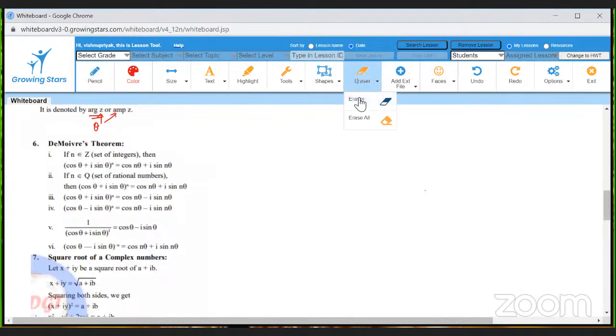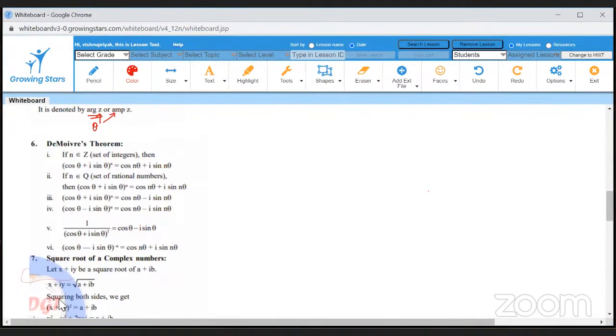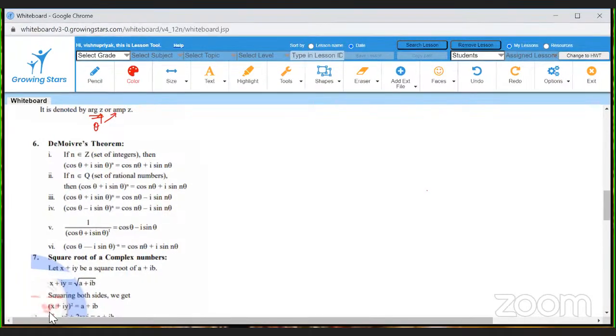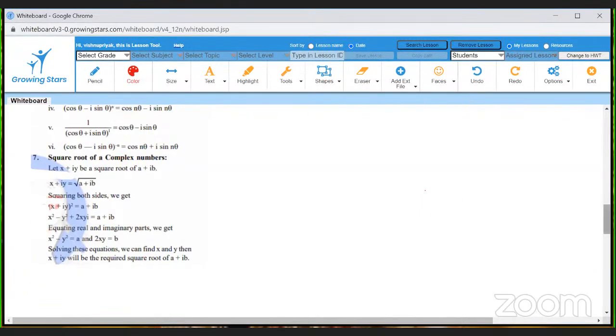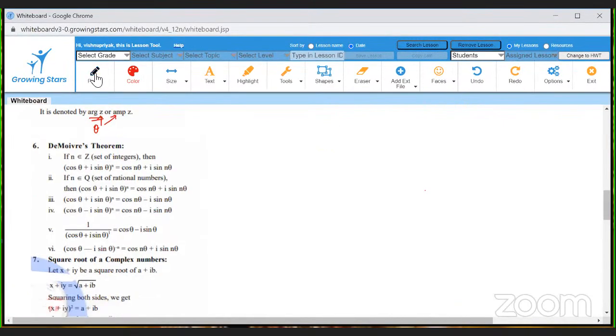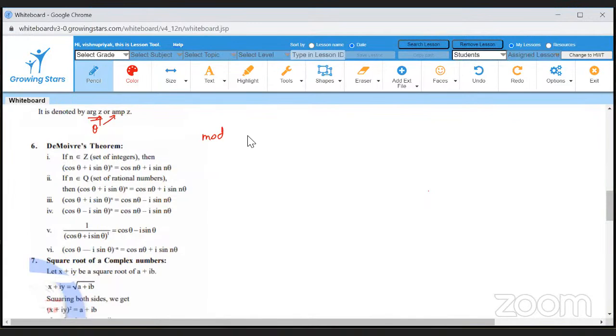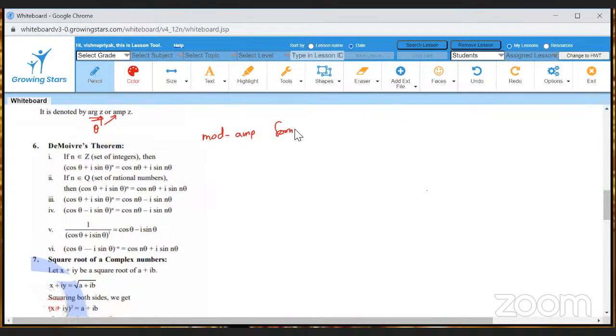The next is De Moivre's theorem. What is De Moivre's theorem? De Moivre's theorem helps us to change the complex numbers into a different form, that is called mod amp form.